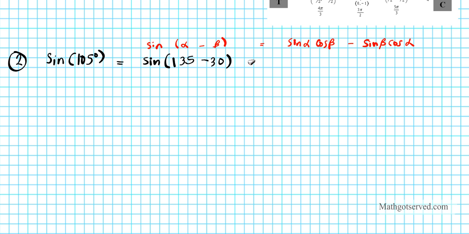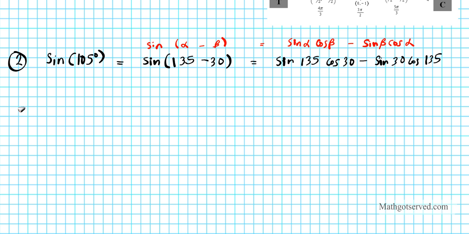So how does that apply to this problem? It's going to become sine alpha, which is 135, the first angle, cosine 30, which is beta, the second angle, minus sine beta, which is 30, cosine alpha, which is 135.